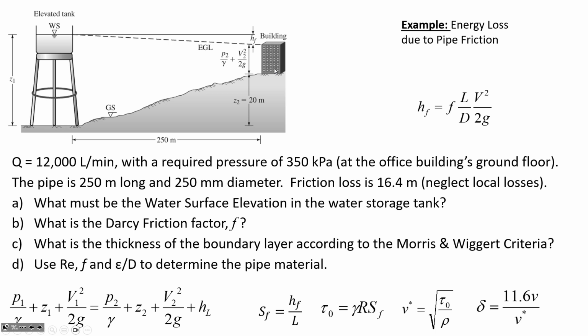And we know the diameter of the pipe is 250 millimeters. So area is pi d squared divided by 4. So pi times 0.25 meters squared divided by 4. The cross-sectional area of the pipe is 0.04909 square meters.